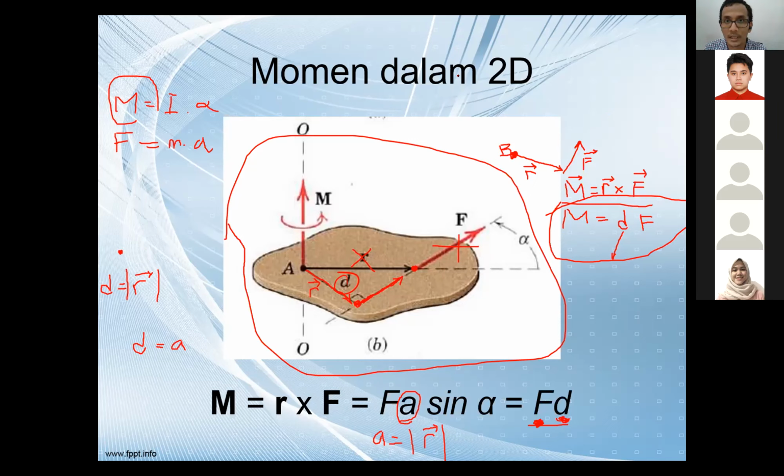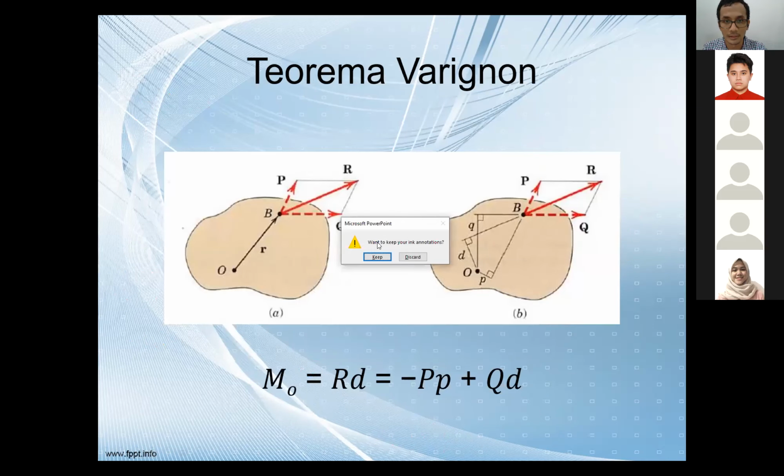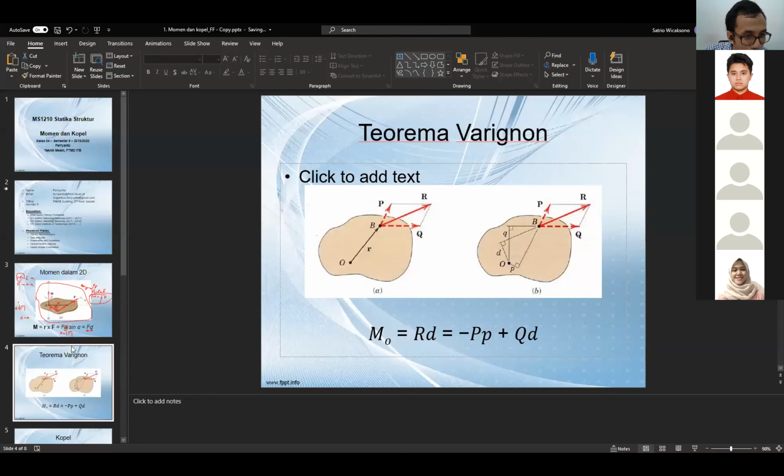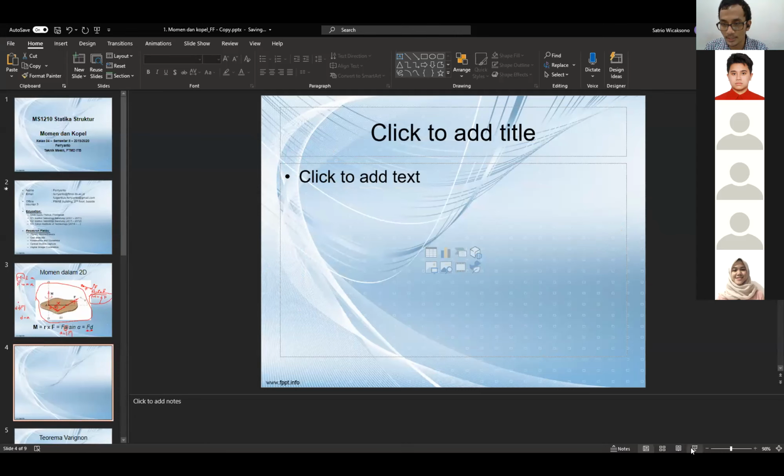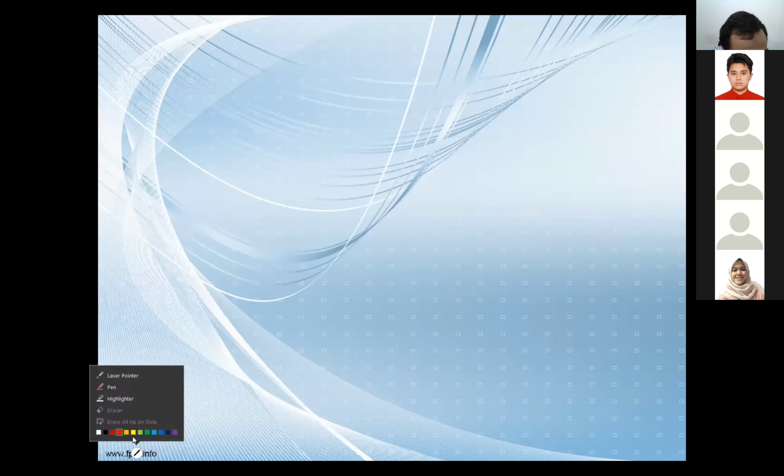So wait a minute. I will try to explain it better. Sir, what is the line of action? Yeah, that's why I want to explain it again. So, new slide. This one is the line of action. For example, I have a force like this.